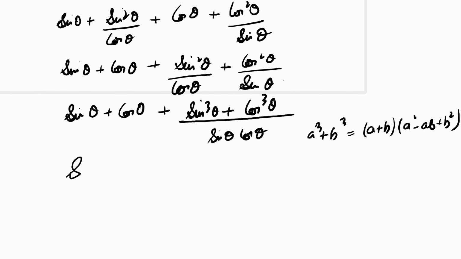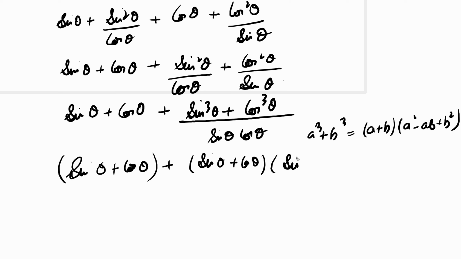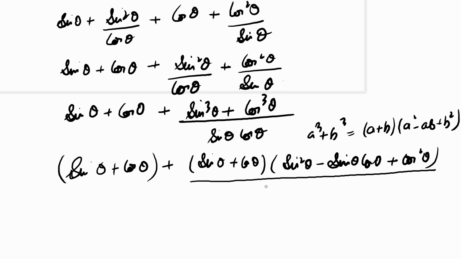So sin theta plus cos theta, we can write this in brackets also, (sin theta plus cos theta)(sin square theta minus sin theta cos theta plus cos square theta) upon sin theta cos theta.